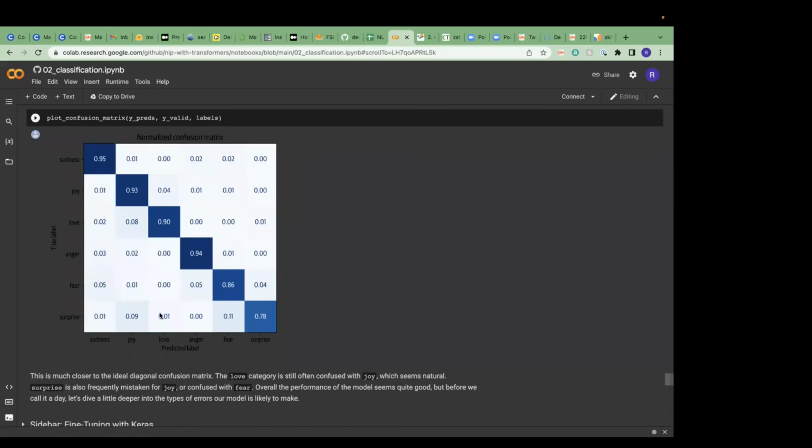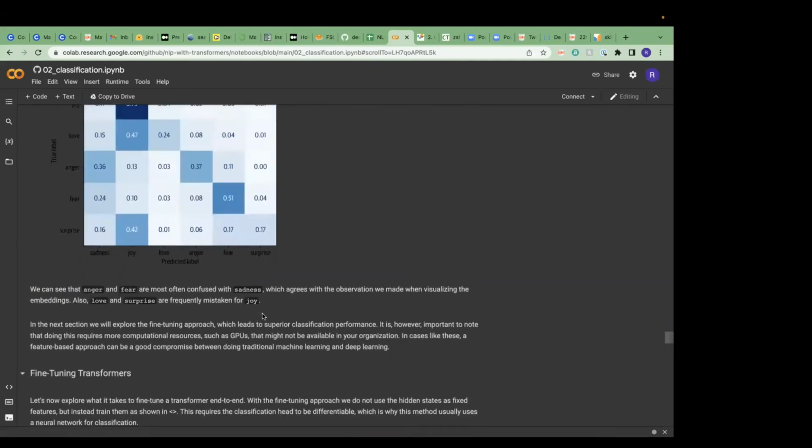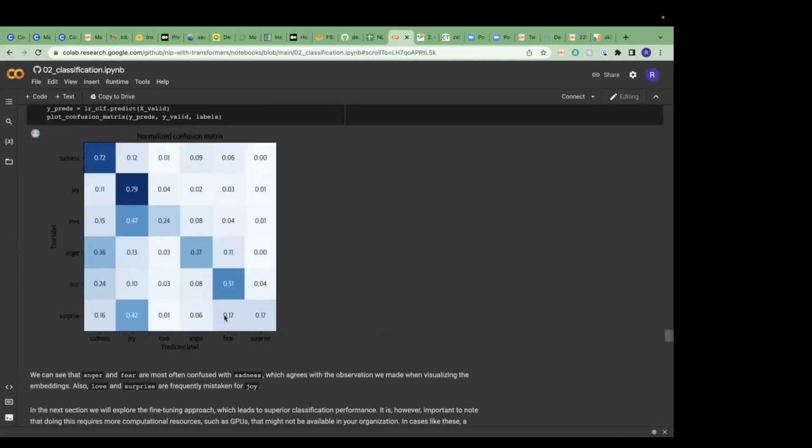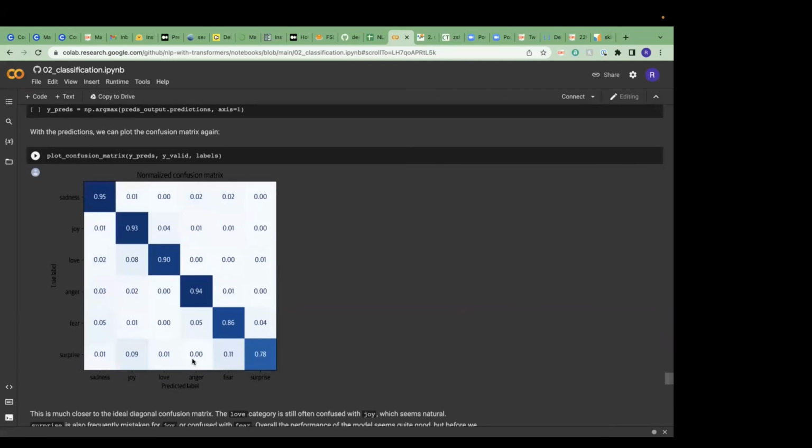So surprise still gets confused very often with joy and fear, but it's a lot better now than it previously was. I think previously it was above 50% wrong. But in this case, surprise is only 20%.